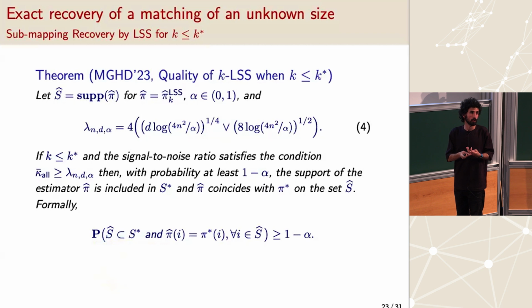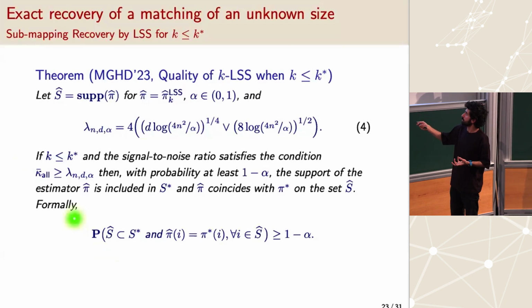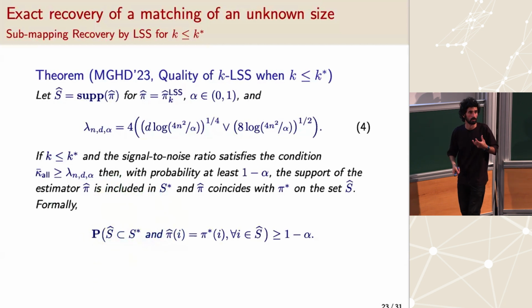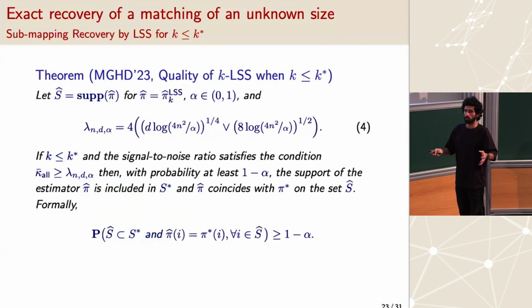So basically we are doing a support recovery on S star, but now we don't know exactly the value of k star. If it happens that we chose k to be strictly smaller than k star, then this should be a subset of size k of S star, which is of size k star. So we are recovering some subset of S star, and we are sure that on this subset our estimator coincides with the true pi star.